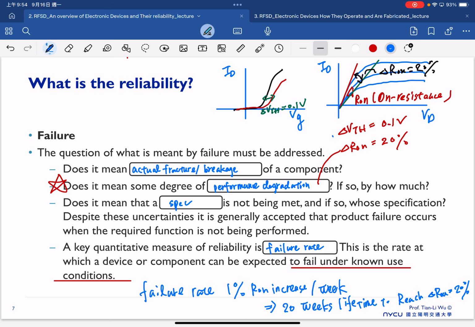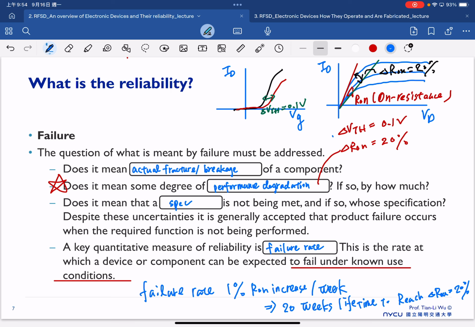So this is a very simple calculation, but this kind of concept is very important because in the future, when we talk about reliability, first we will define the specific condition, and second we will define what values we consider.